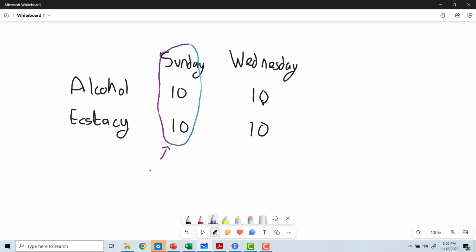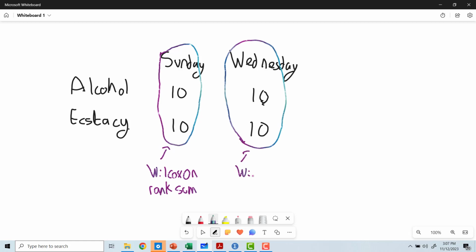Now this would be a Wilcoxon rank sum test. And then the same again on Wednesday. We have another Wilcoxon rank sum test.